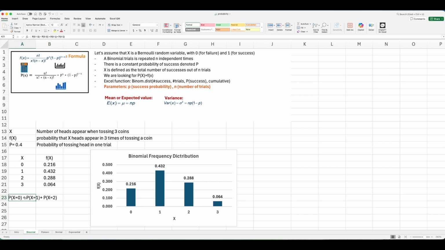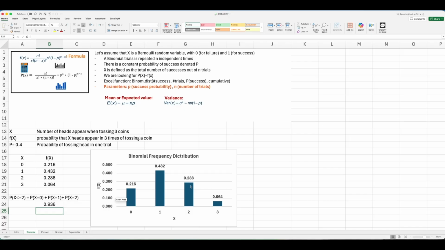Note that I'm adding up the probabilities to answer this question. So it's basically a summation of these 3 numbers. I can add these 3 numbers to find that the probability is around 93%.